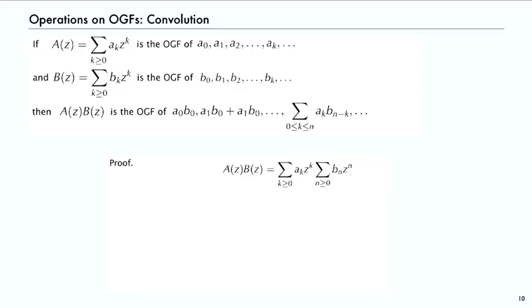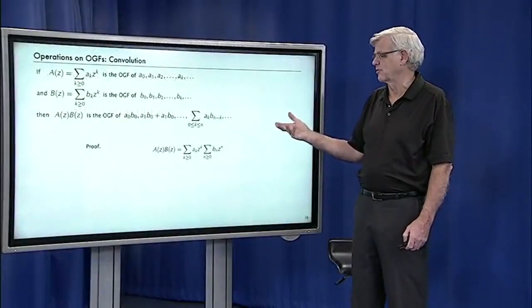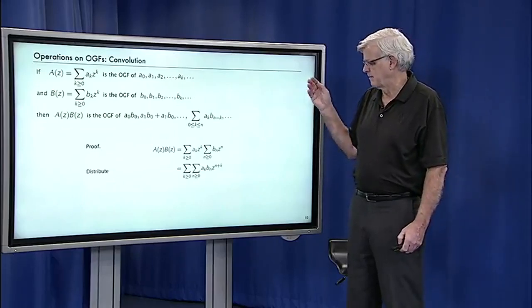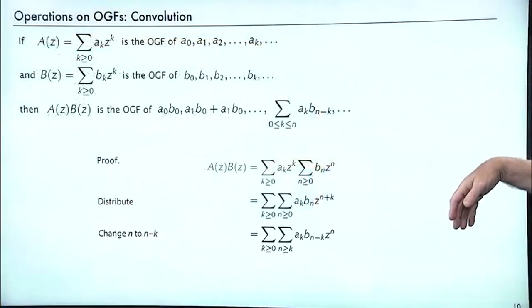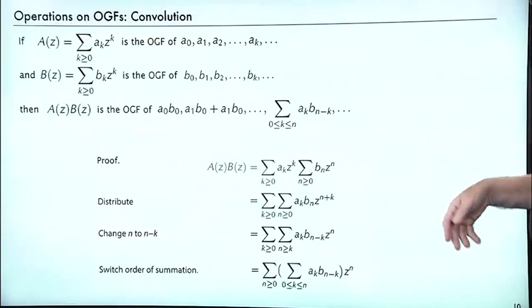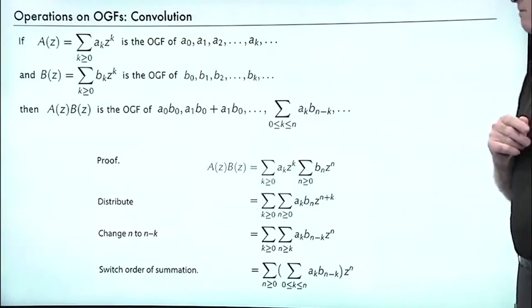And here's the proof of that. It's pretty much the same as the proof that we just did for partial sums, where we distribute, then we change in the inner sum n to n minus k, and then we switch order of summation, and that gives us the convolved product.